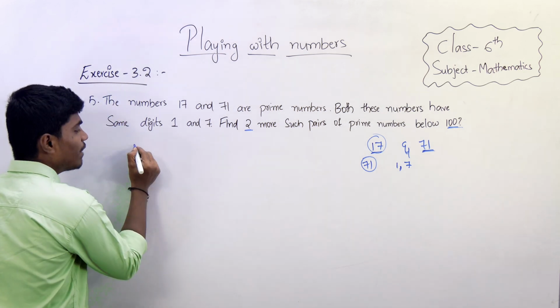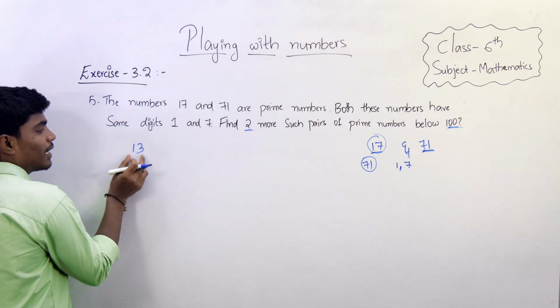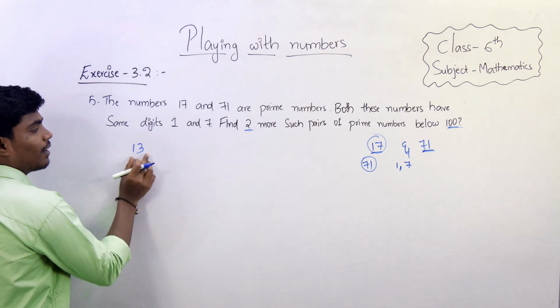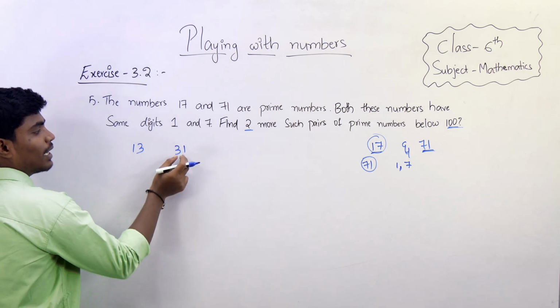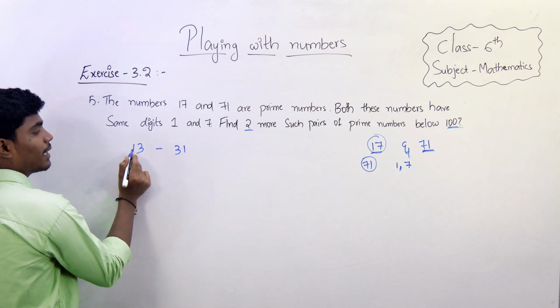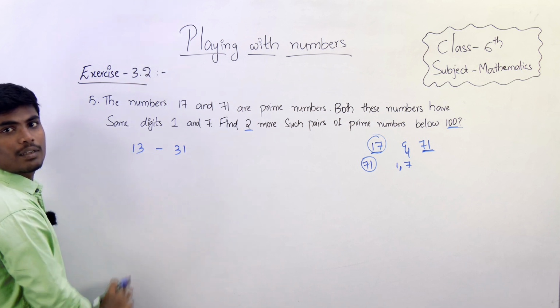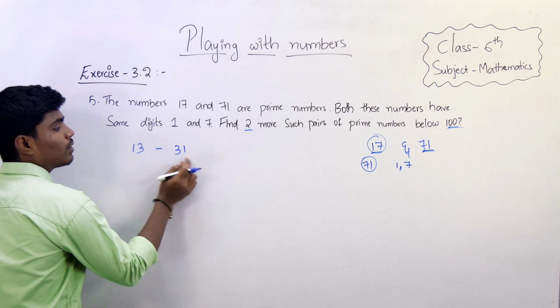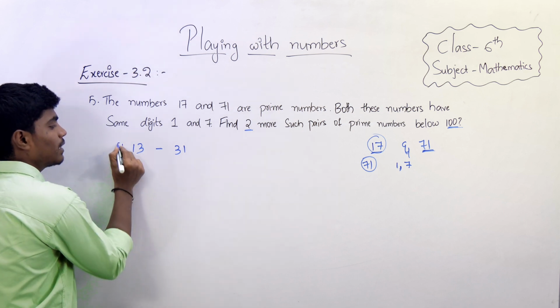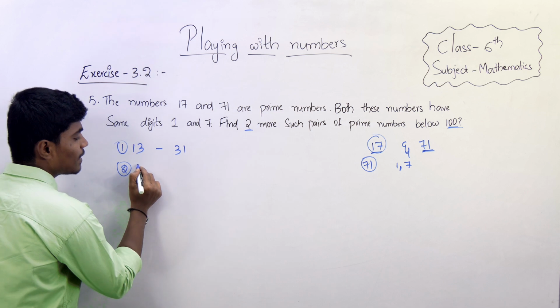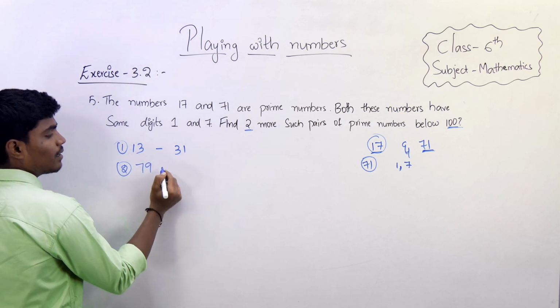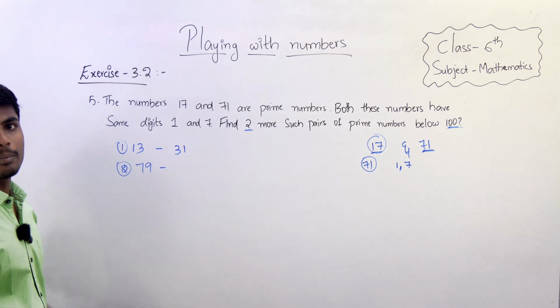See, if we take 13, here 13 is a prime number and reversing it becomes 31. 31 is also a prime number. See, they have the same digits 1 and 3. Both are prime numbers. So the first one is done. We have to find one more. Let's take 79. 79 is a prime number.